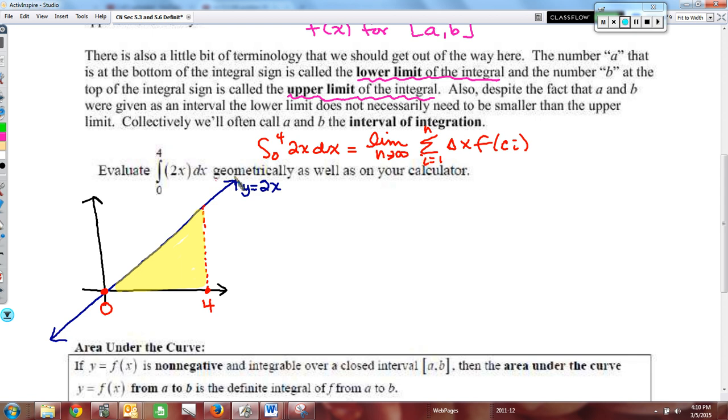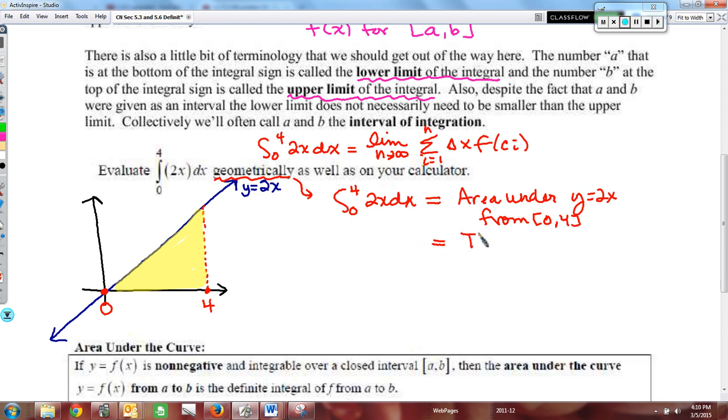Now, obviously, do I really want to do this the long way? Can't I do this geometrically? When we say geometrically, we mean use geometry and basic knowledge to calculate what this is. Once we recognize that this integral from 0 to 4 of 2x dx is actually the area under y equals 2x from 0 to 4, and that that is nothing more than a triangle area, I'm not going to worry about doing things the long way with the limit definition.